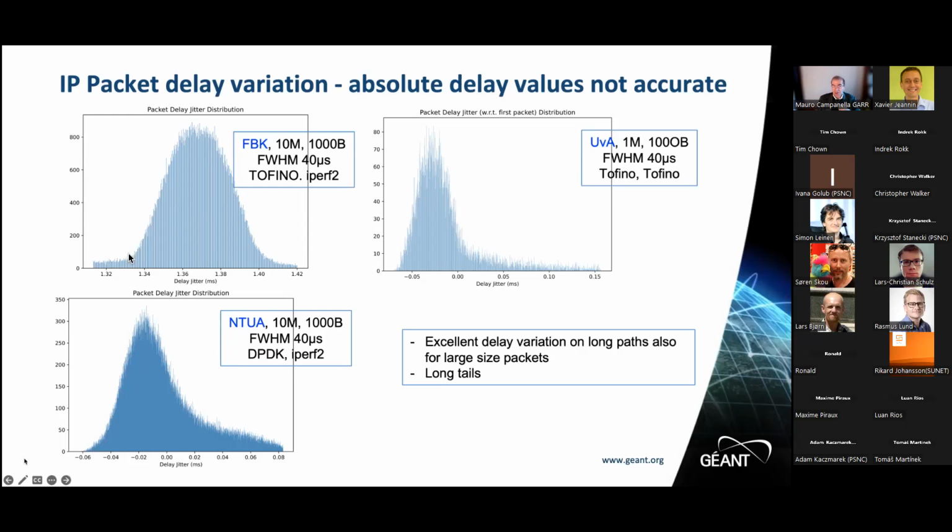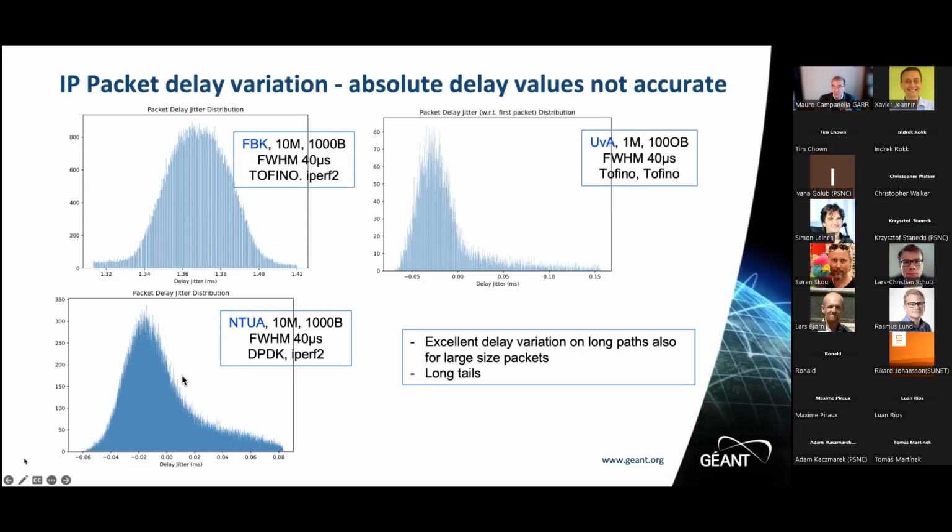There are longer tails, so you may expect some packets to have a huge variation. But also for the Tofino chip, we still have a long queue due to the network, but the variation on average is smaller, 40 microseconds. These are microseconds, not milliseconds.